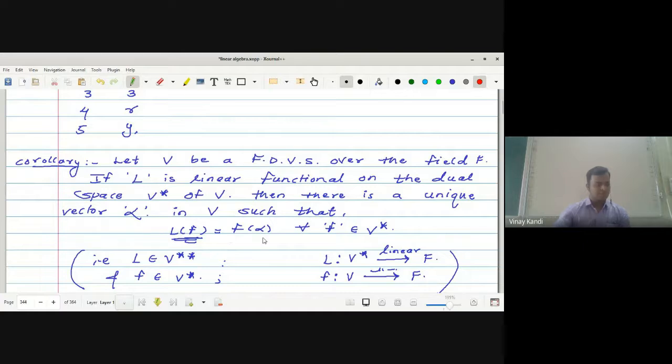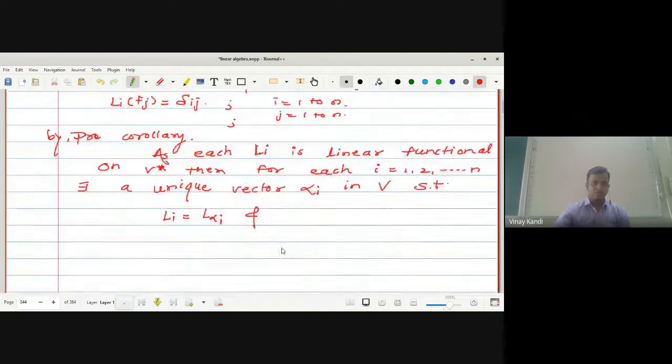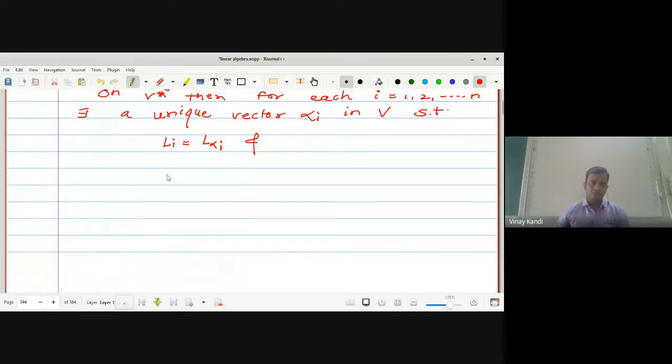So Li is equal to L alpha i, and operating this Li on the functional F gives L alpha i of F. By the definition, this is F of alpha i, for all F belongs to V star. Any doubt? Give it as equation number 1.